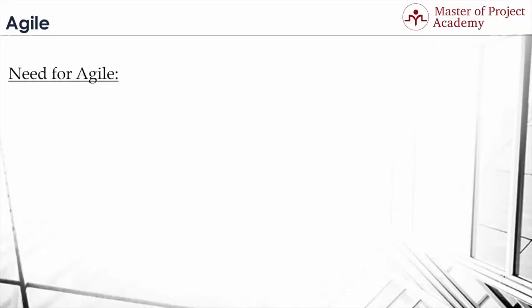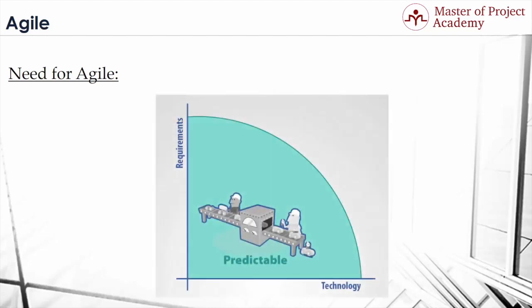Need for Agile. During our previous lectures, we have seen how Agile methodologies heal the weaknesses of the conventional project management methodologies. During this lecture, we will be going over the major reason why there is a need for Agile. In the past, requirements and technology, which enables us to deliver projects, were changing much slower compared to today.